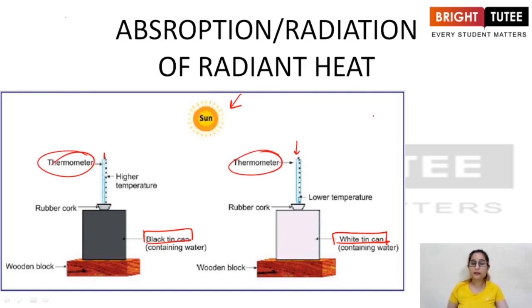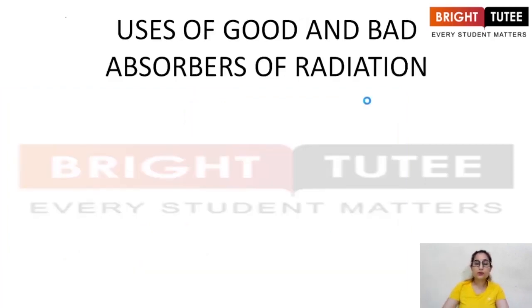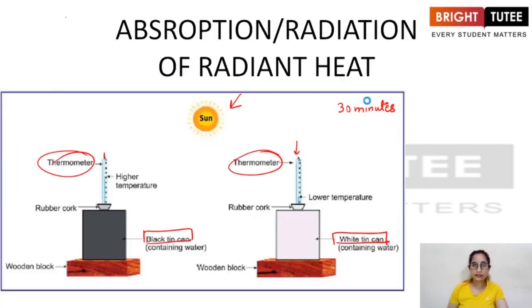You have to keep them under the sun for about 30 minutes. After 30 minutes, you will notice that the temperature of the black body is higher. For example, it is 40 degrees Celsius, while the temperature of the white body is still 30 degrees Celsius. Why is this?